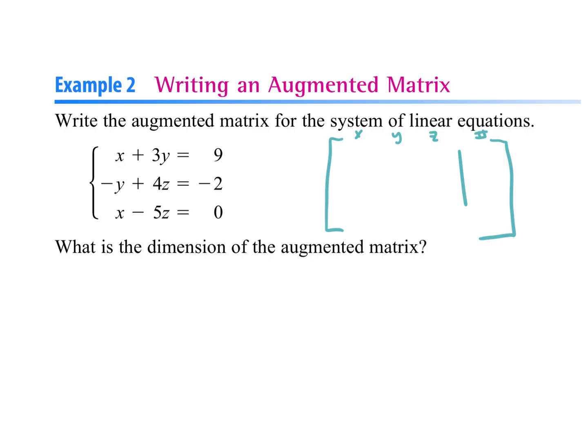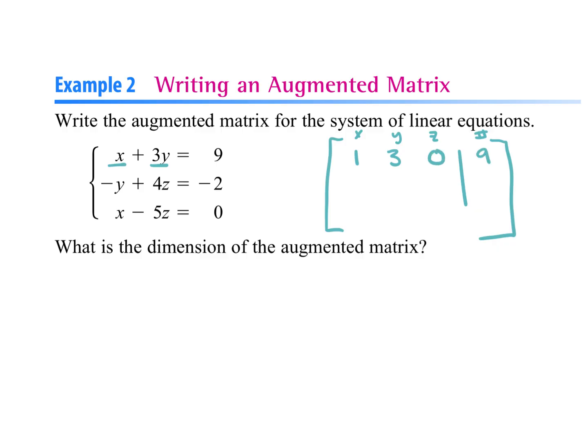What's the coefficient in front of X? 1. Same equation, that's going to go in our first row. What's the coefficient in front of Y? 3. Do we have a Z? So what do you think is going to go in the Z column? A 0, perfect.